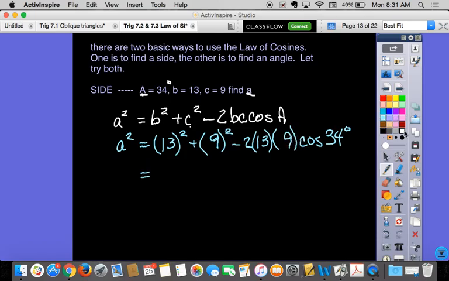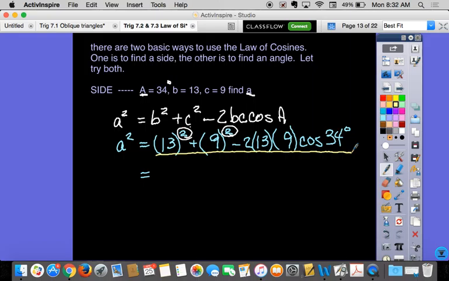Now, keep in mind, it's imperative that you have the squares in the right place. Basically, you take this line right here, and you're going to type it in your calculator: 13 squared plus 9 squared minus 2 times 13 times 9 times cosine of 34.